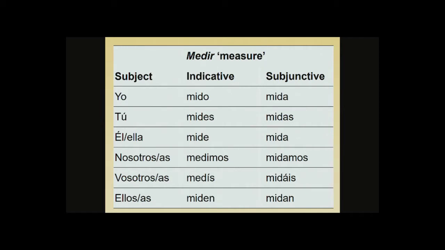Yes, with these verbs that go like medir or pedir, you do have a root change in nosotros and vosotros, but only in the subjunctive, not the indicative. I suppose another way to remember this pattern would be that all forms of the present, indicative or subjunctive, have the change e to i, except nosotros and vosotros indicative.